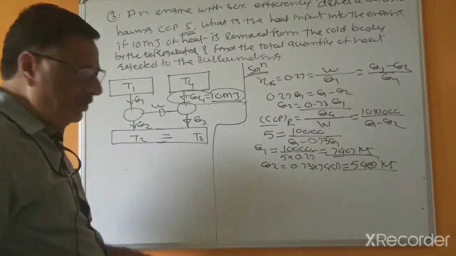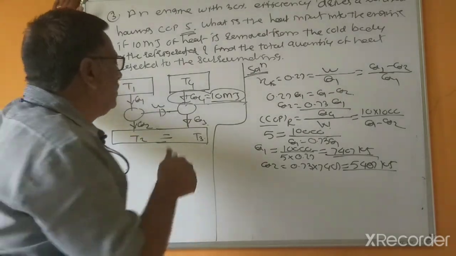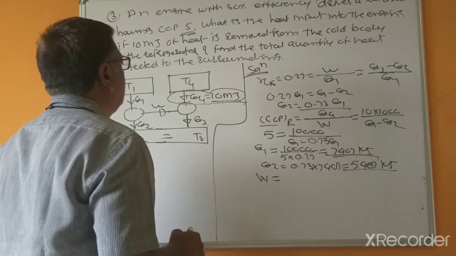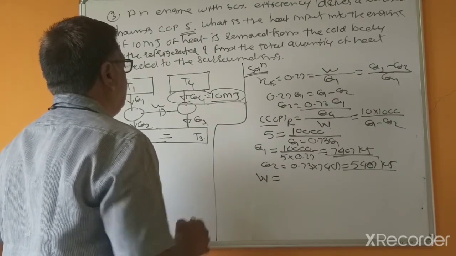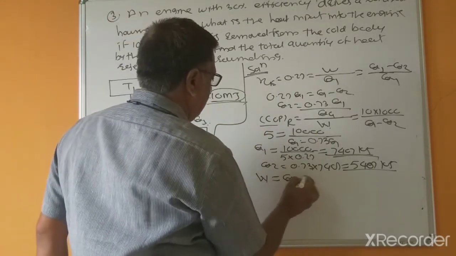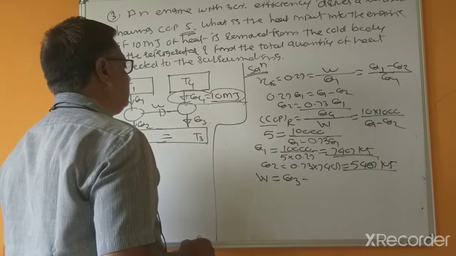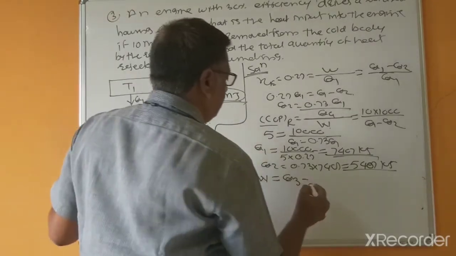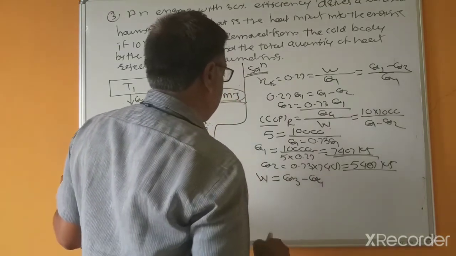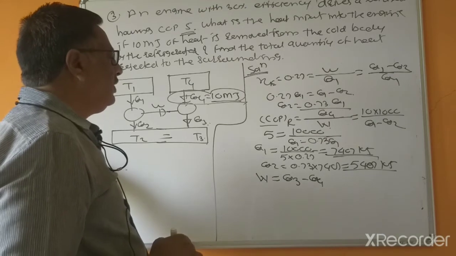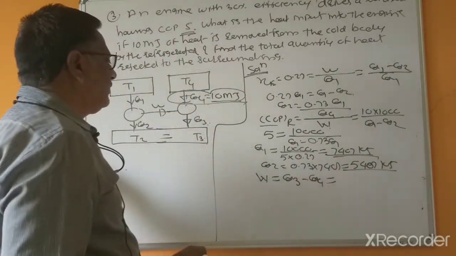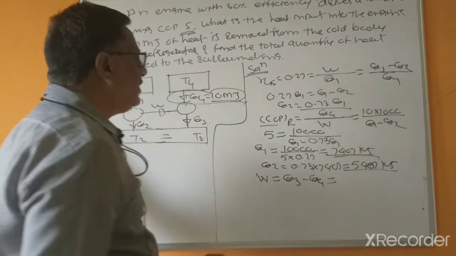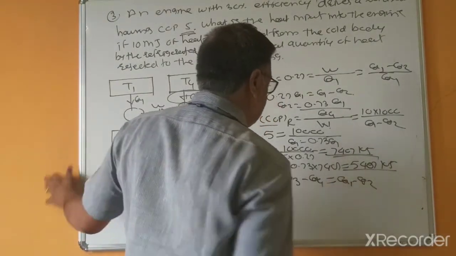Now W equal to, by using this basic formula, W equal to Q3 minus Q4, because this is higher, Q3 minus Q4. And W equal to Q1 minus Q2, right?